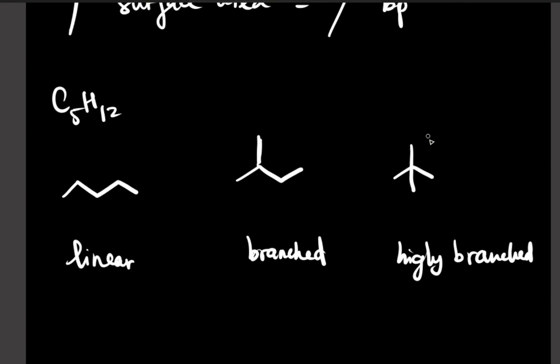And why is that? When we take a look at this highly branched pentane, I'm sorry, it's actually not pentane. Oh, this is actually neopentane. So when we take a look at this highly branched molecule, we can see that it's going to be the most sphere-like.